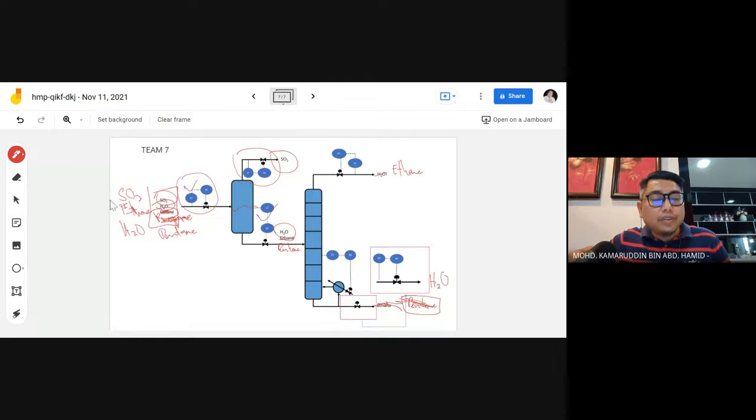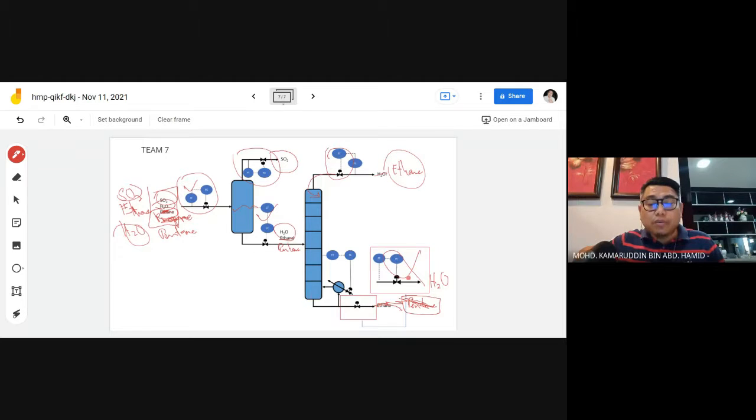Okay, again, nampak you still have this and then this. Alright, in this case, you cannot flow control this because this is in vapor. Therefore, you need to control the pressure at the top. Okay.